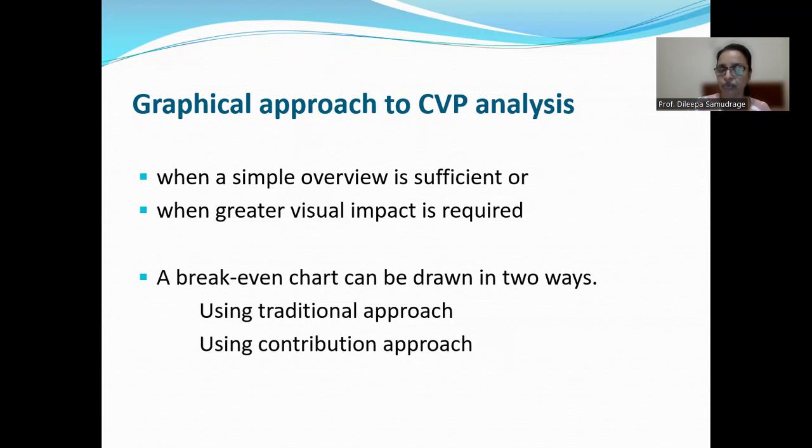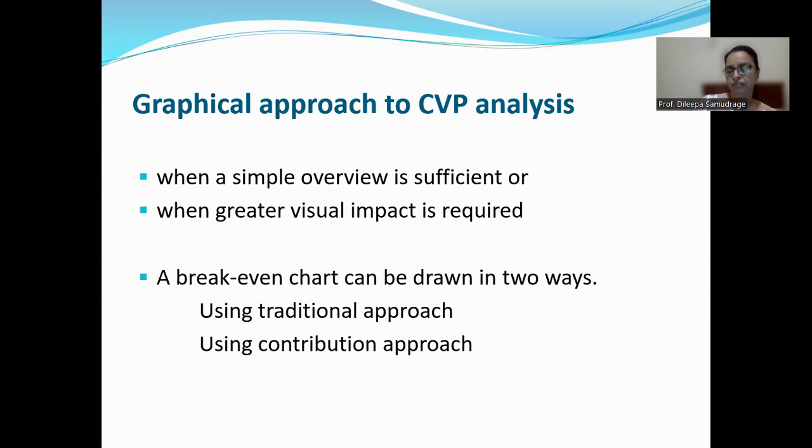Therefore, you use the graphical approach to present a particular situation to top management, because it provides a simple overview of the situation. And it shows everything in one graph. Without many calculations, you can understand the situation from one slide.